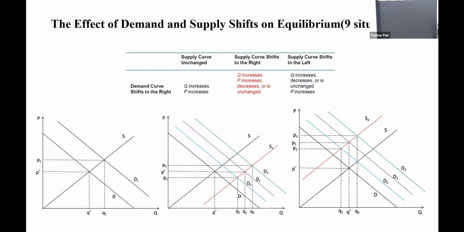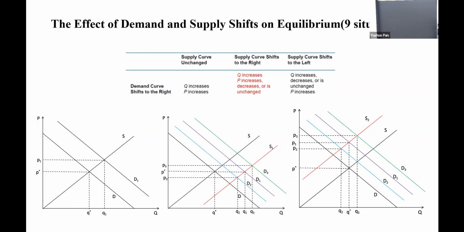What happens if the demand curve shifts by a larger amount than the supply curve shift, from D to D3, the green line? The new intersection is between the green line and the red line, and the original intersection is the black lines. You can see the price goes up, and the quantity goes up as well.